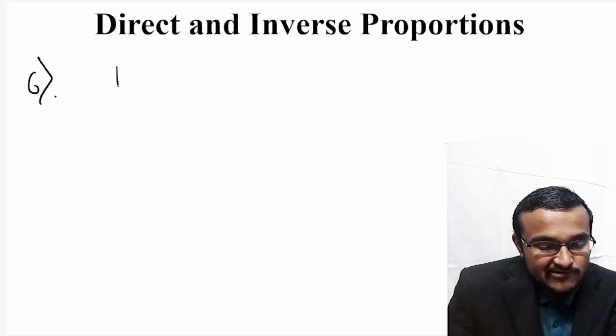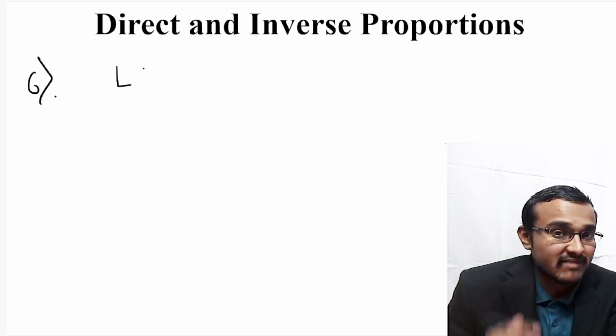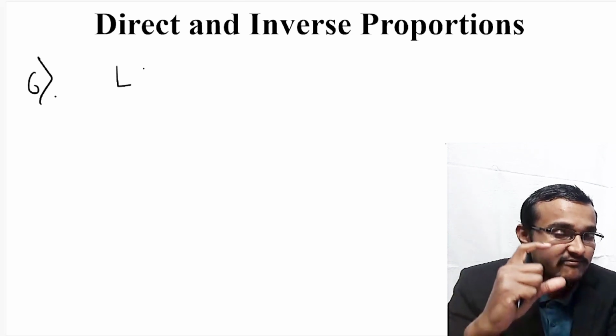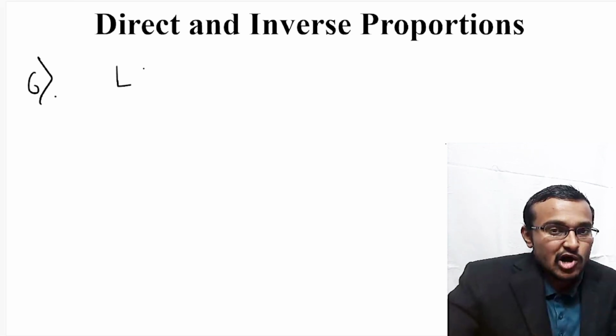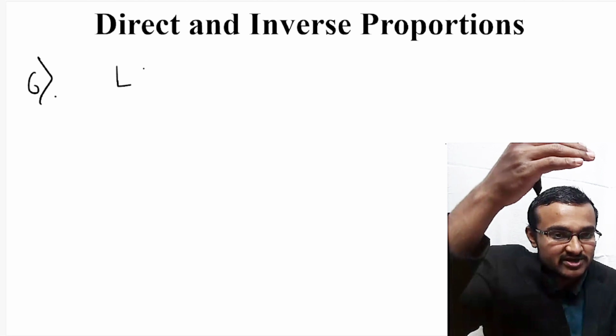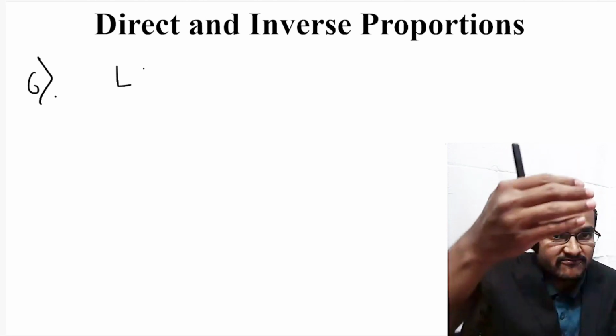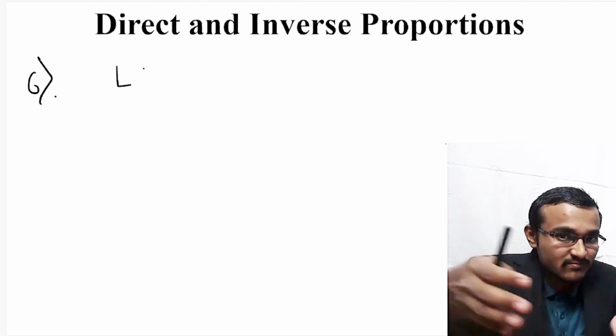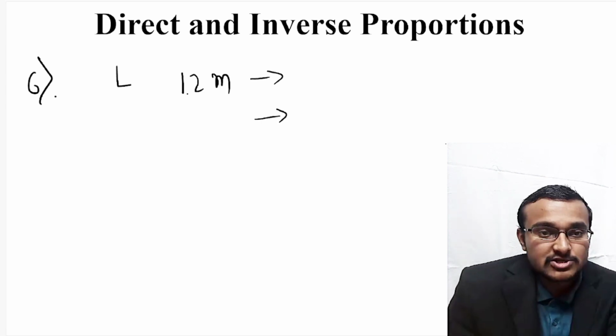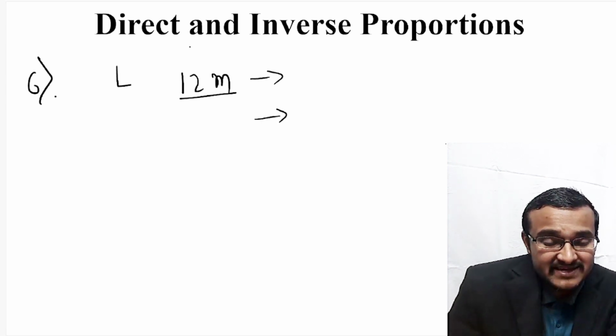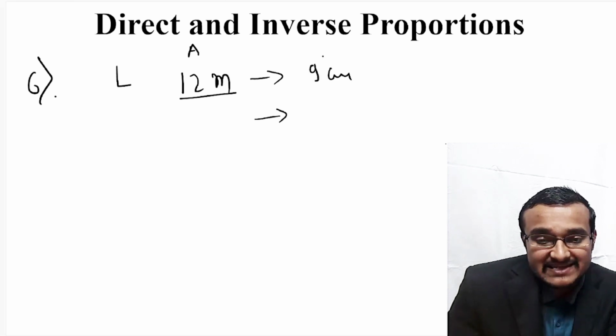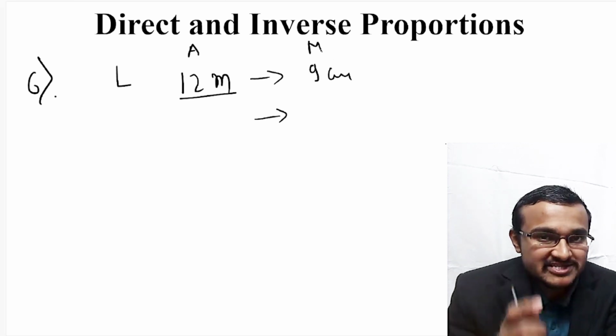The length of the mast of a model ship. Mast is the cloth which is tied on that ship to know the direction of wind and to support the movement of that ship. So this is the length of mast in the actual ship, and the 9 centimeter is the length of mast in a model ship.